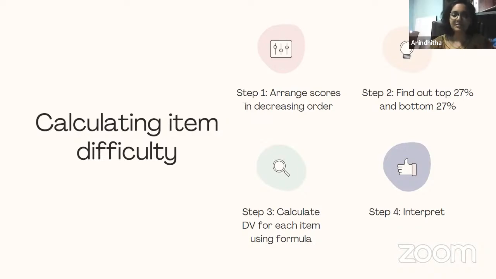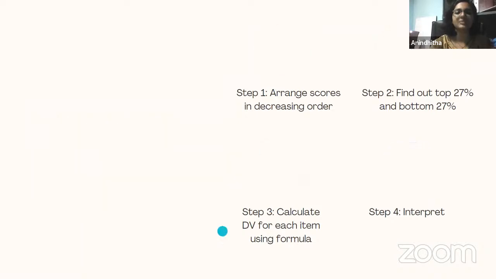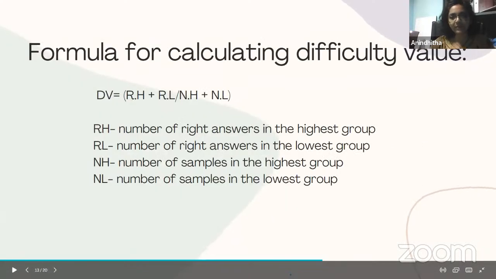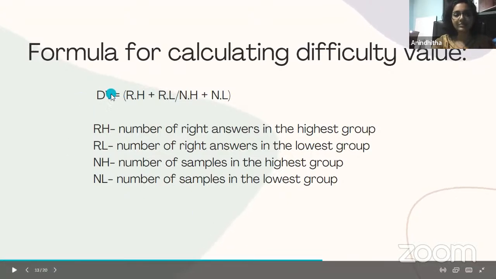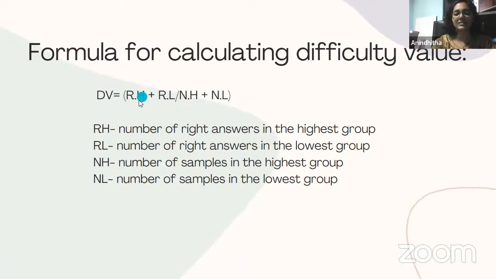So with that, we're moving over to our formula. The formula for calculating item difficulty, or difficulty value, DV, is equal to the number of right answers in the higher group plus the number of right answers in the lower group, divided by the number of people in the higher group plus the number of people in the lower group. I'm repeating that again to make sense.